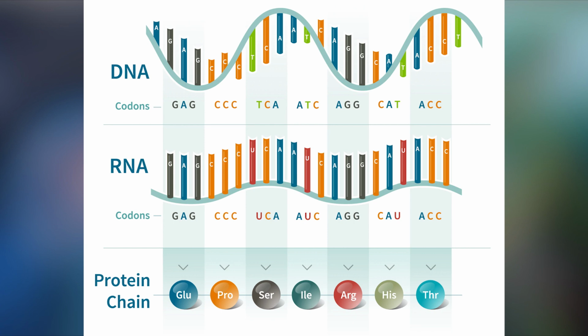In other words, if you took all the information from one chain of nucleotides on one side of your DNA ladder, you'd get one stretch of codons, and therefore one stretch of amino acids, and therefore one protein. But if you took it from the opposite chain, then you'd get a different stretch of codons and a different stretch of amino acids, and therefore a different protein. So the two strands of DNA sort of code for the same information, because if you know one, you can predict exactly what the other one will be, because there's a one-to-one correspondence in bonds.